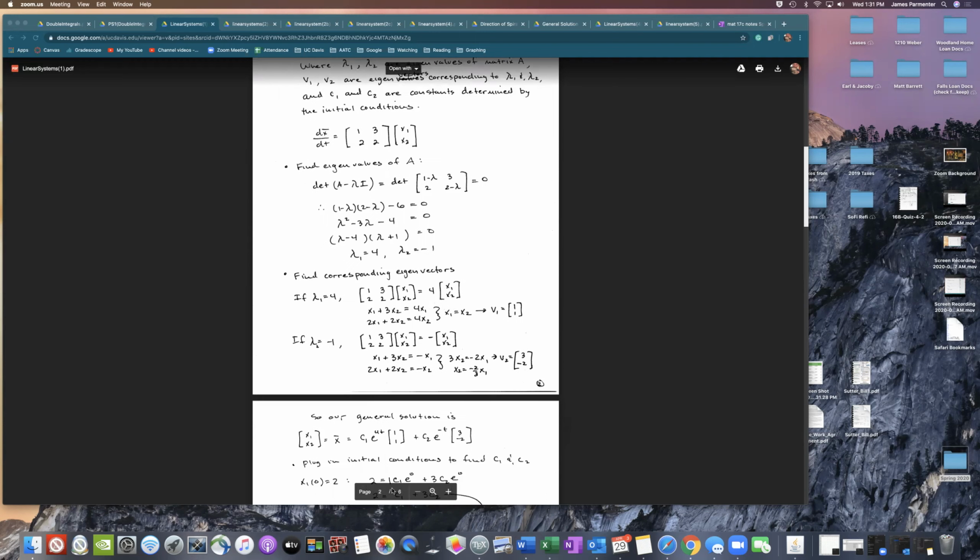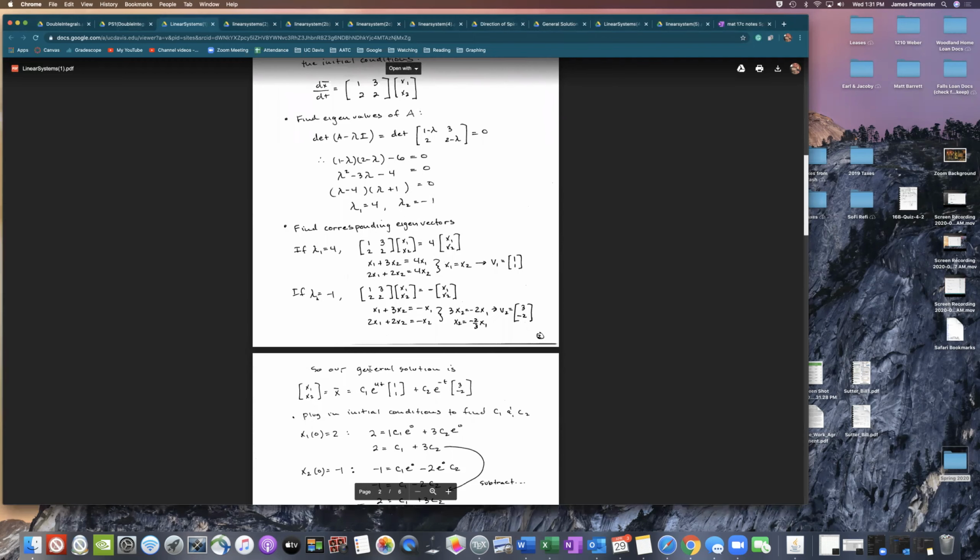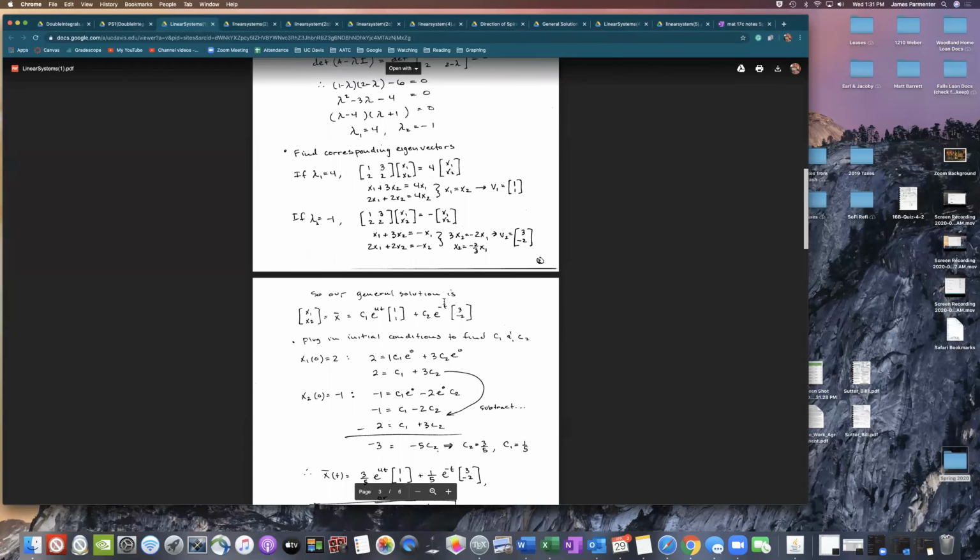And then we talked about how we could write the solution as C1e to the lambda 1t times V1 plus C2e to the lambda 2t times V2. I can't highlight it, but this right here is the general solution to this original differential equation, which I'm going to write up here just so you guys have it.